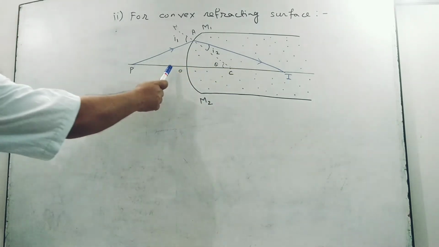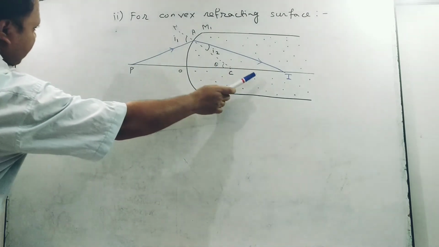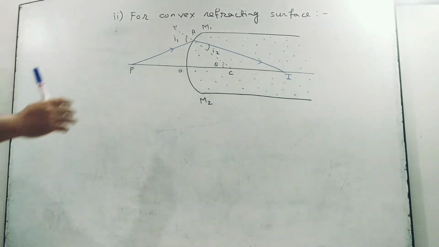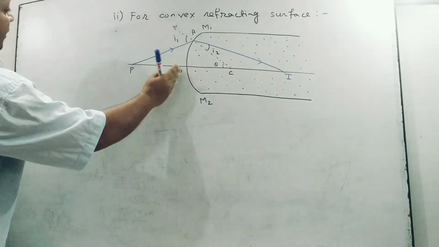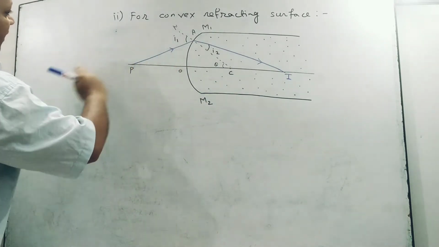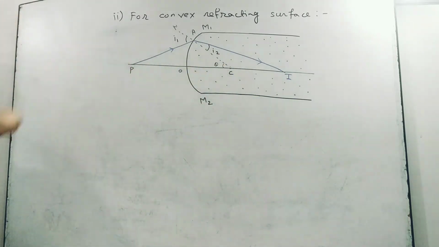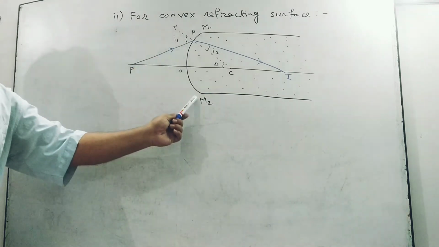Here object distance is negative but image distance is positive, and radius of curvature is also positive, because the object is on the left hand side and the image and center of curvature are on the right hand side of the surface M1, M2.